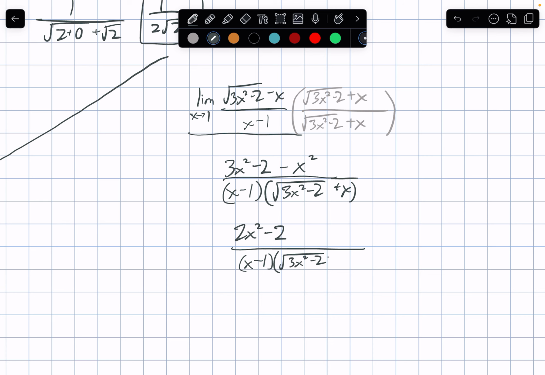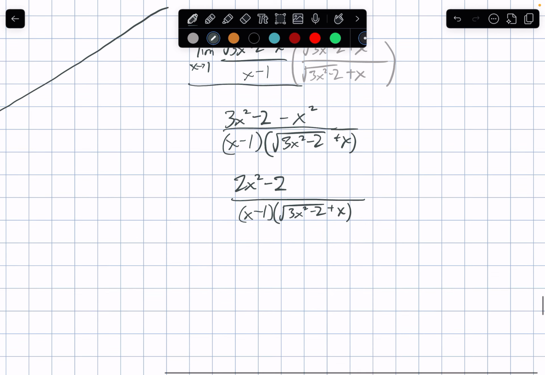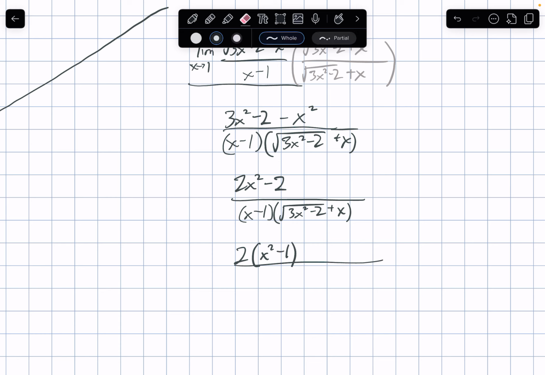I suggest that you don't simplify it, because as you can see, when we factor, this could be rewritten as that. And now it's clear that we have something to cancel.